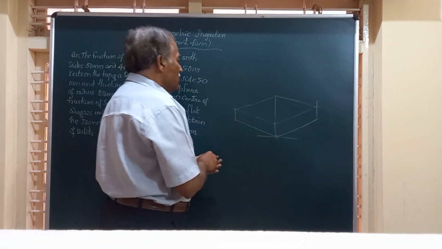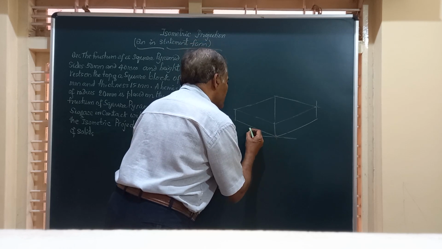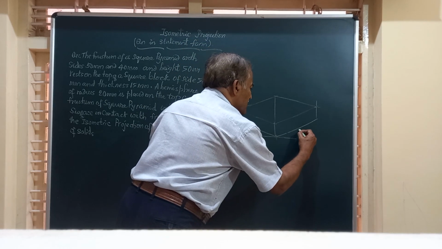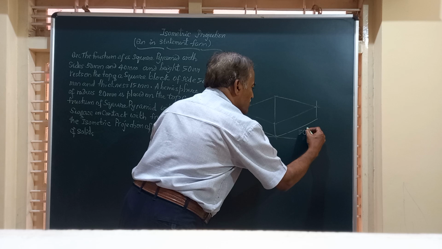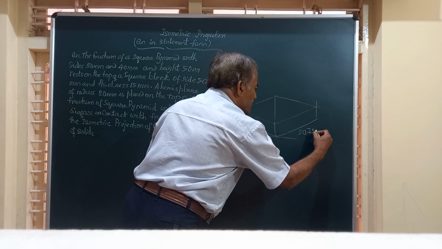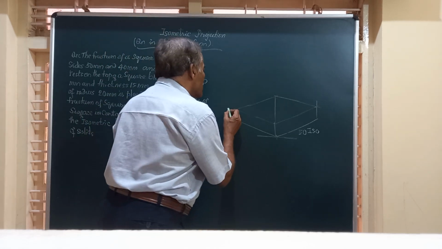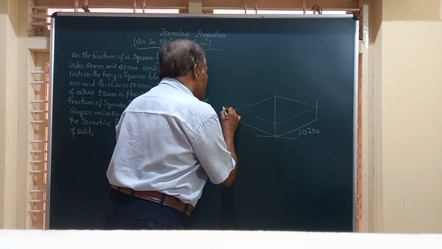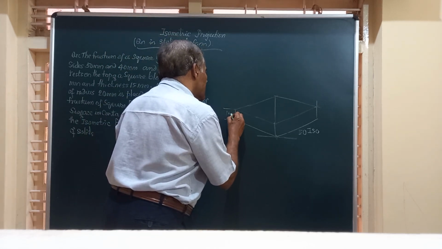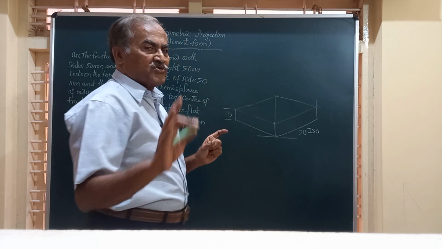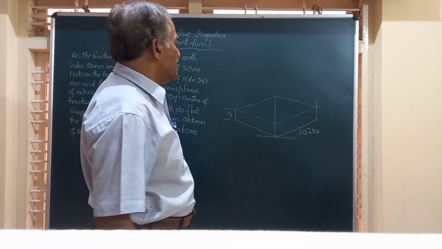Friends, now this has a dimension of 50 millimeter. This has a dimension of 50. 50 ISO means the dimension is to be multiplied by 0.815. So the thickness is equal to 15. I will simply say 15. When I say 15, it is understood to be 15 ISO, 15 into 0.815.